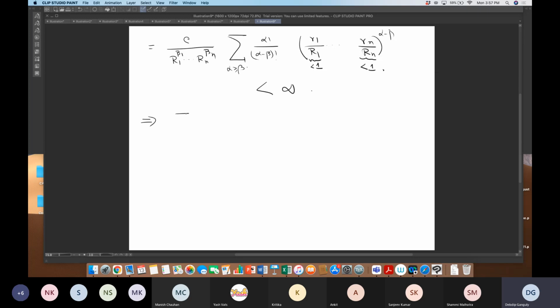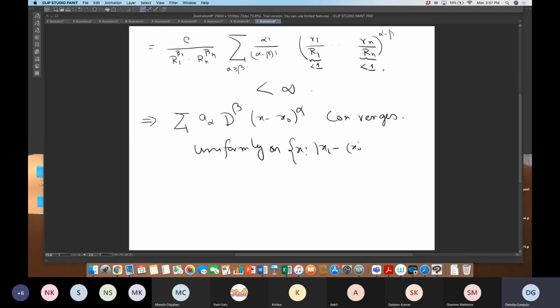These imply that the summation of a alpha d beta x minus x naught to the power alpha converges, but you have to be careful, uniformly on the set where xi minus x naught i is less than or equal to ri, which is strictly less than Ri.